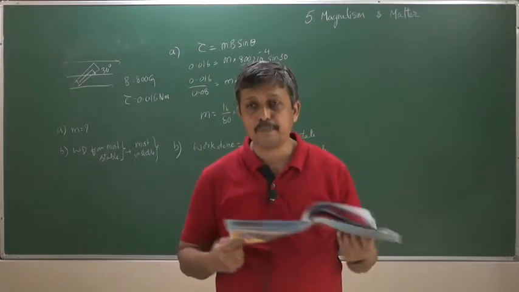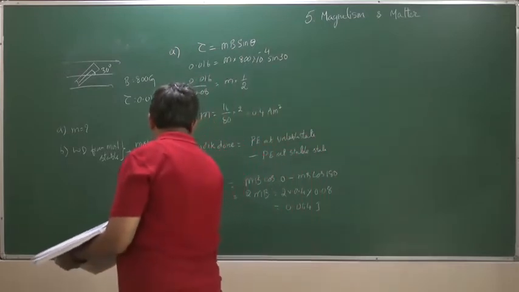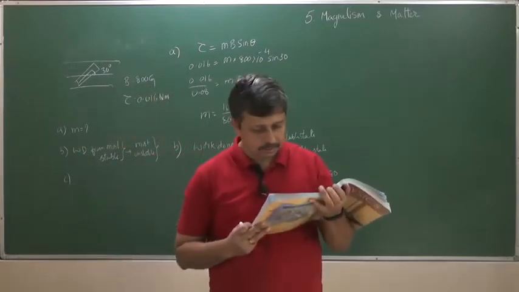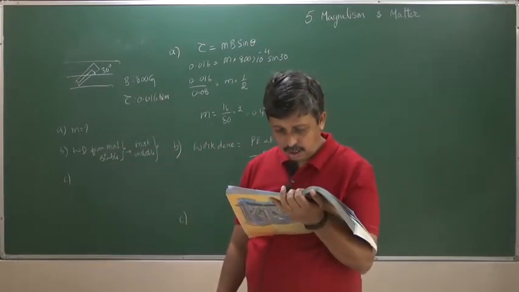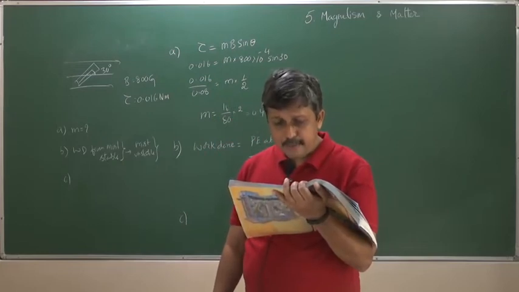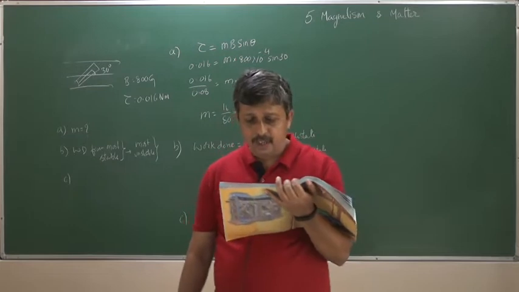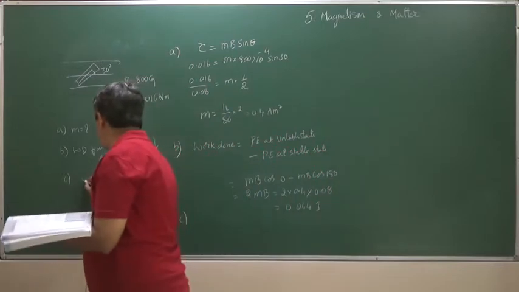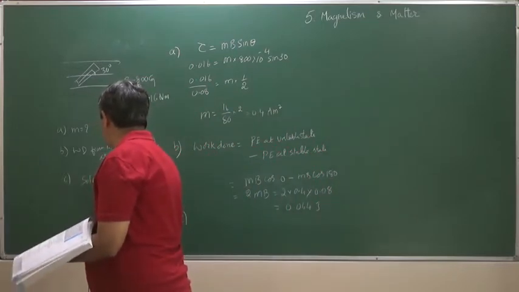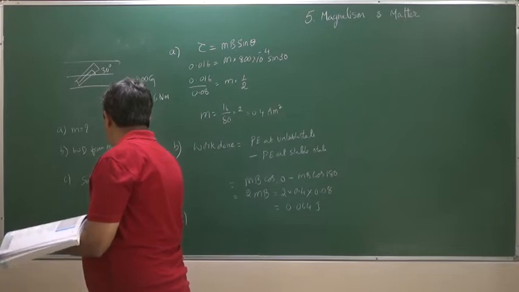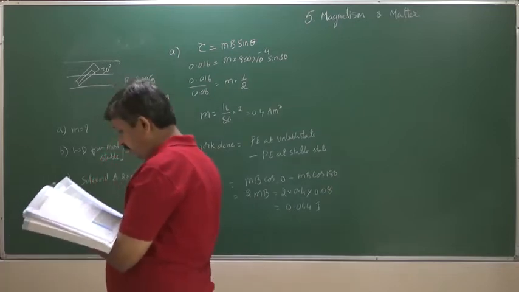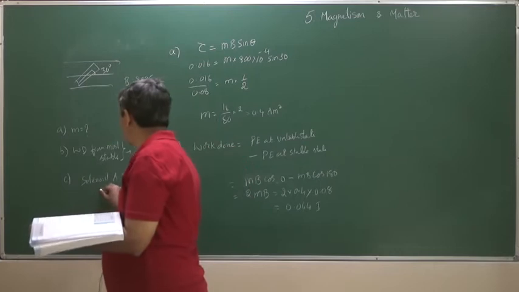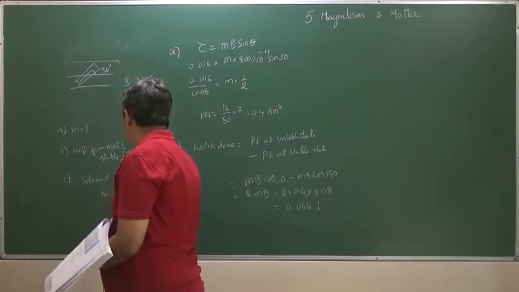Now the last part, C part. C is, the bar magnet is replaced by a solenoid of cross section area 2 into 10 to the power of minus 4 meter square, and it has 1000 turns, N is equal to 1000 turns.